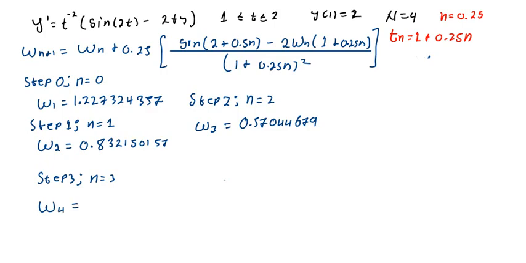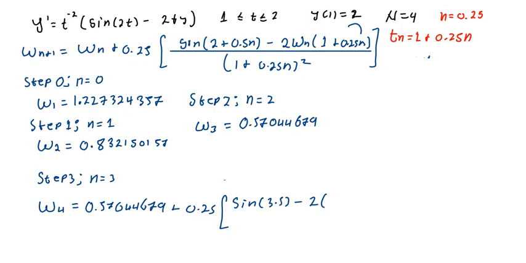So w4 is equal to w3, which you have already calculated as 0.5704467 plus 0.25. Then in the brackets, when you plug in 3 here, that would be 0.5 times 3, that would be 1.5 plus 2, that would be 3.5. So that would be sine 3.5 minus 2 open bracket.